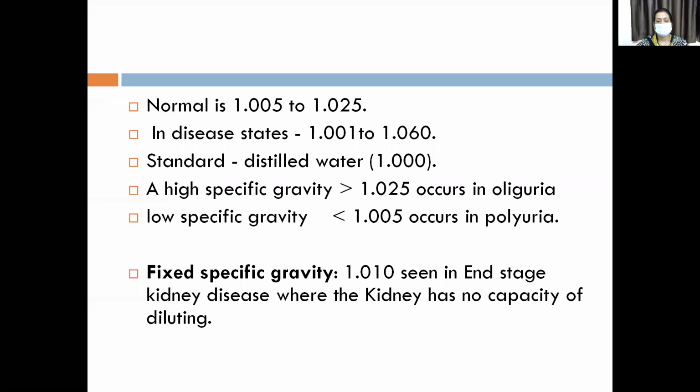The highest specific gravity occurs in oliguria. That is obvious, right? What do I mean by specific gravity? Just as an example, you take water and add glucose. Glucose is the solute, the water is the solvent. The amount of solute present in the solvent has a specific gravity.